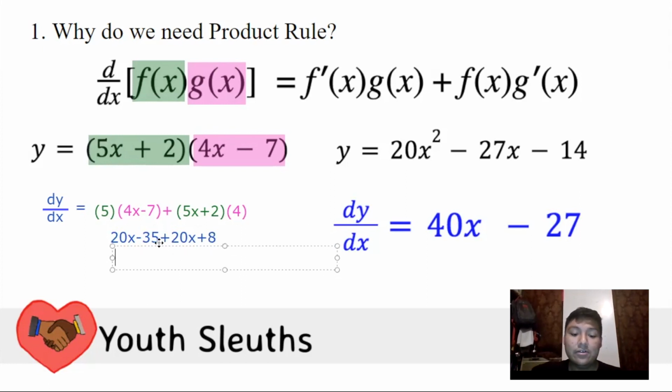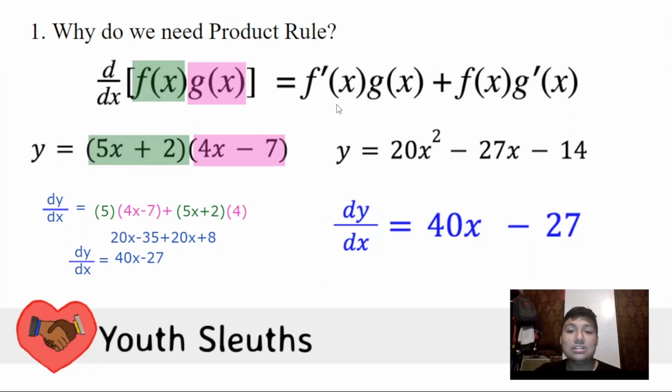So we have 40x and then minus 27. So we have that dy/dx equals 40x minus 27. So now we proved that using the product rule gets the same thing as our other example. So in the next slide, we will see another example where we use the product rule.